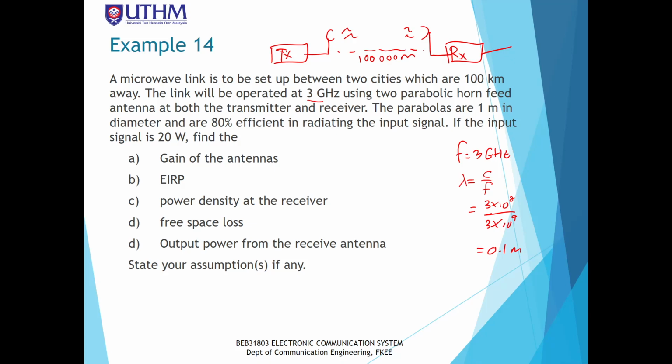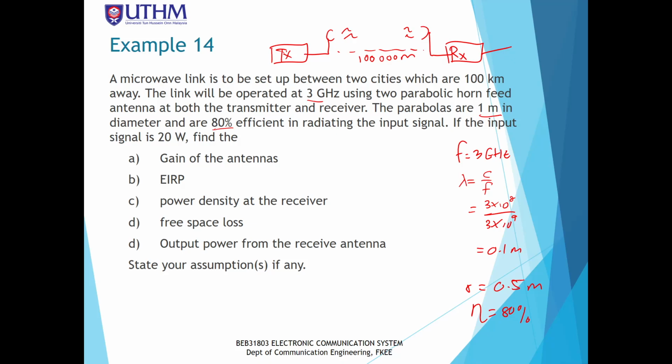Both use the same type of antenna, so we can assume both antennas have the same parameters. The parabola is 1 meter in diameter, that means the radius is 0.5 meter, and efficiency is 80%, efficient in radiating the input signal.